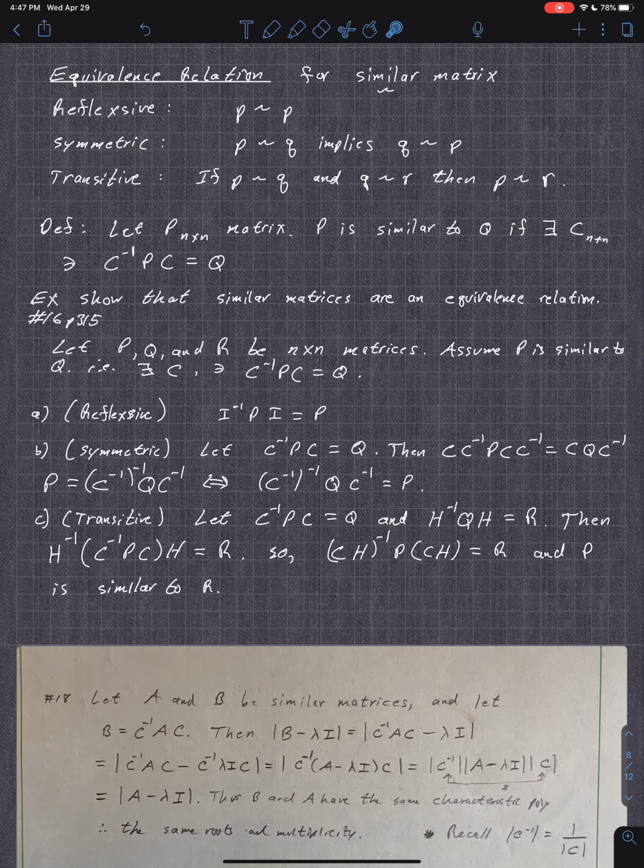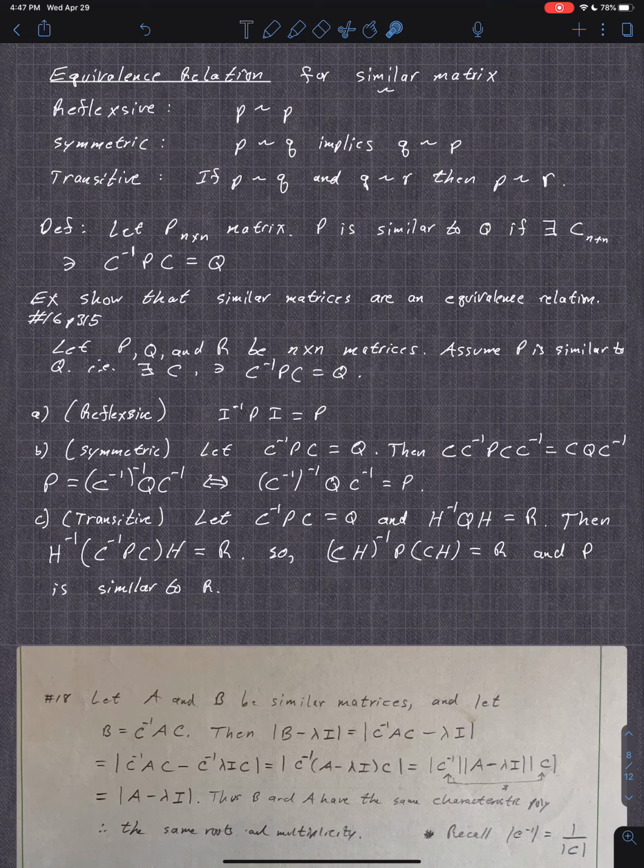So for similar matrix, we define that, and I use this little form thing here for similar. If P is similar to itself, that's reflexive. If P is similar to Q, then Q is similar to P, and that's called symmetric.